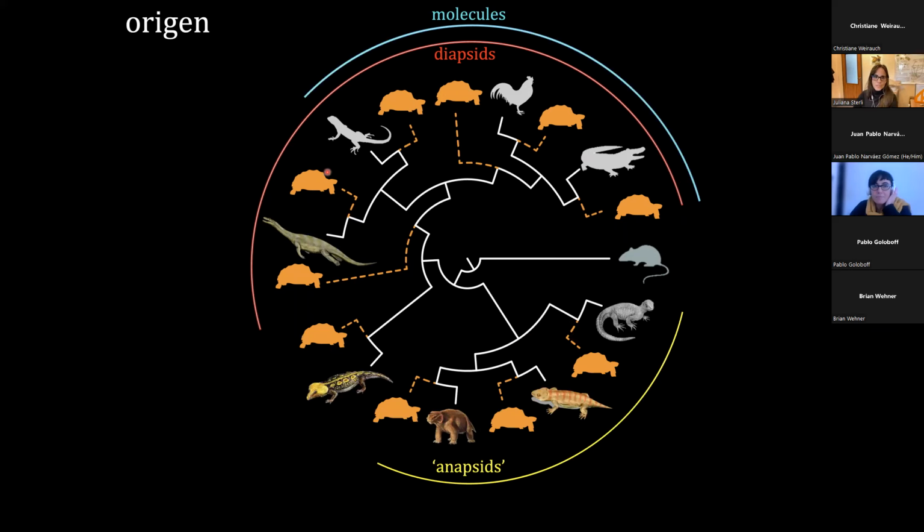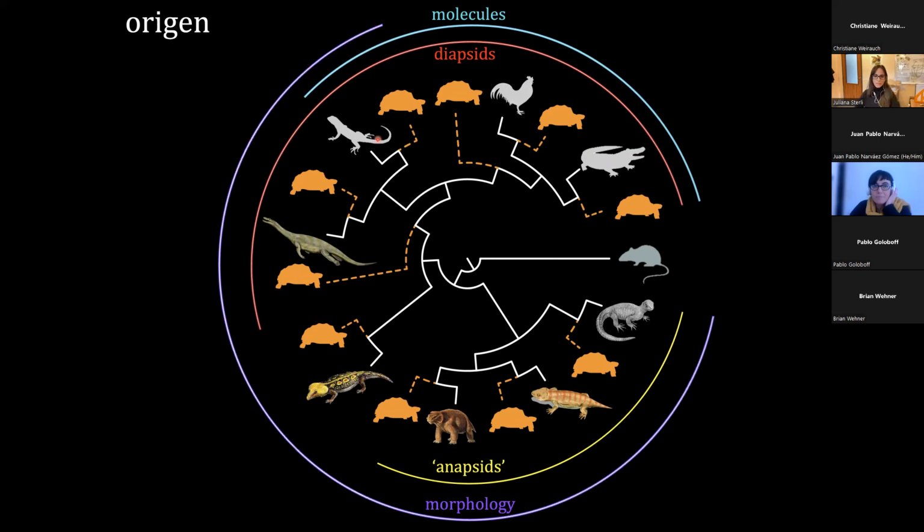Mainly those hypotheses coming from the molecules, from the data coming from molecules, relate turtles with crocodiles, birds, and lepidosaurs. While those phylogenies using morphology relate turtles with anapsids and also with diapsids as well.